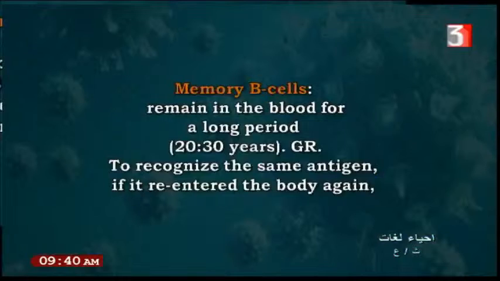Memory B cells remain in the blood for a long period of time, 20 to 30 years. This is to recognize the same antigen if it re-enters, meaning it penetrates the human body again. If there is invasion by this bacteria, the memory B cell can kill it and prevent this infection.